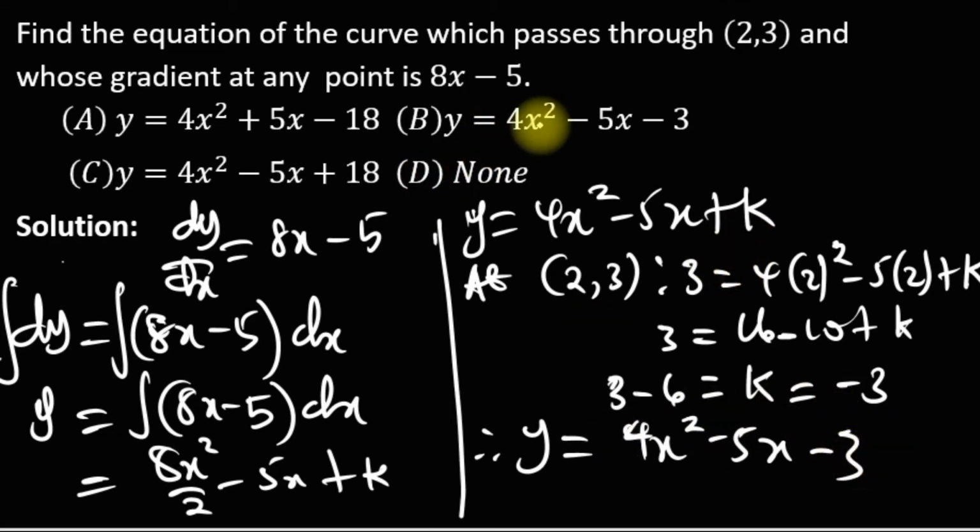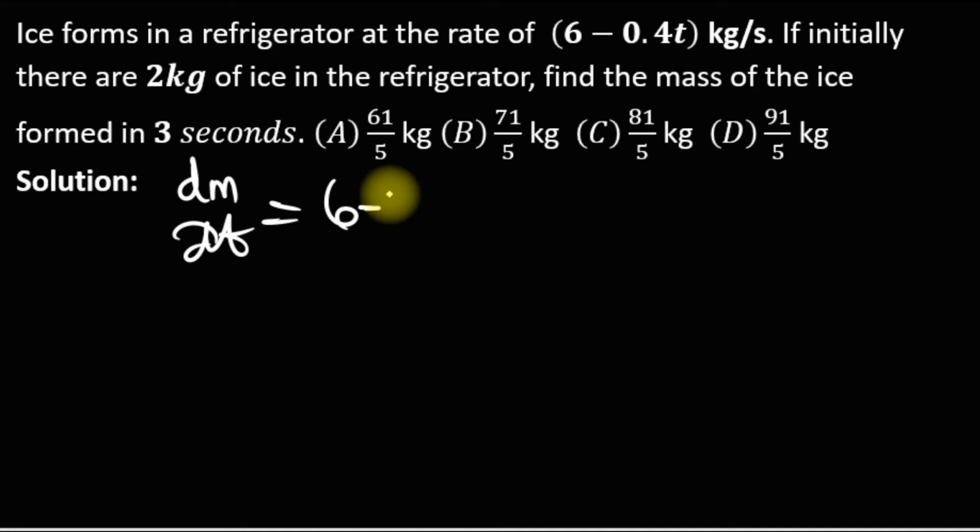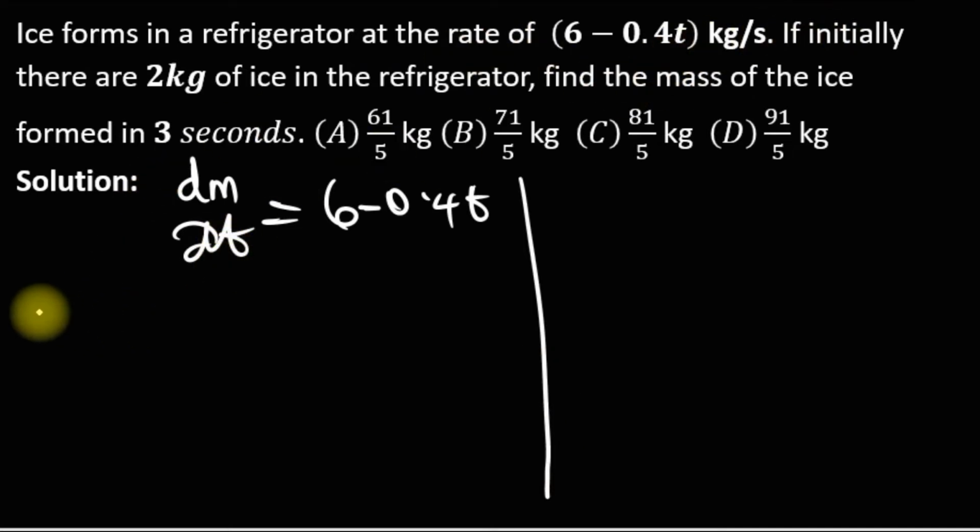So the answer is option B. Next: ice forms in a refrigerator at the rate of 6 minus 0.4t kilogram per second. So they told us that dm over dt is 6 minus 0.4t. Let's just finish this.